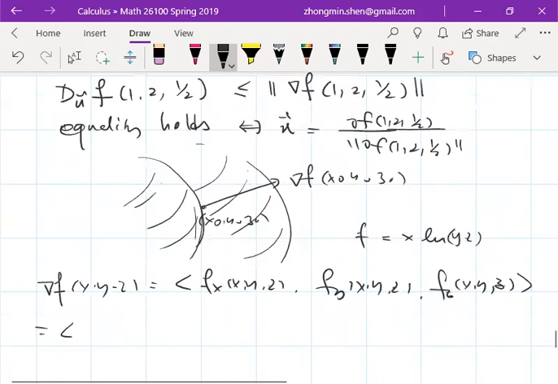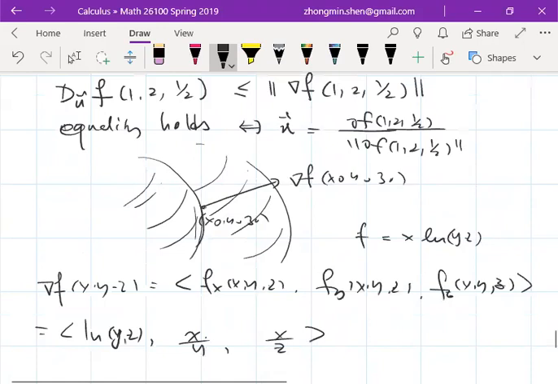So it's easy to find the partial derivative with respect to x: natural log of yz. The partial derivative with respect to y is going to be x over y, and with respect to z it's going to be x divided by z.